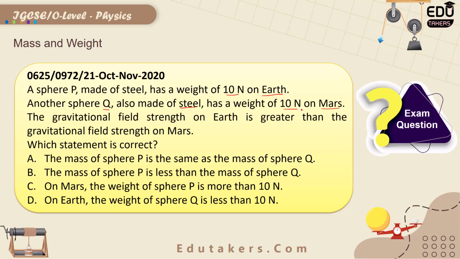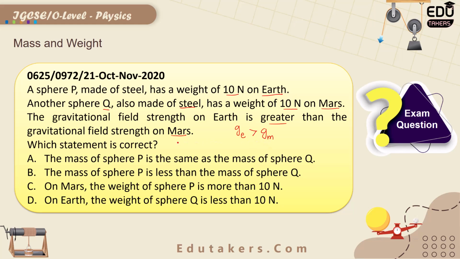The P sphere is placed on the Earth while the Q sphere is placed on Mars. It is given that the gravitational field strength on the surface of Earth is larger than the gravitational field strength on the surface of Mars.